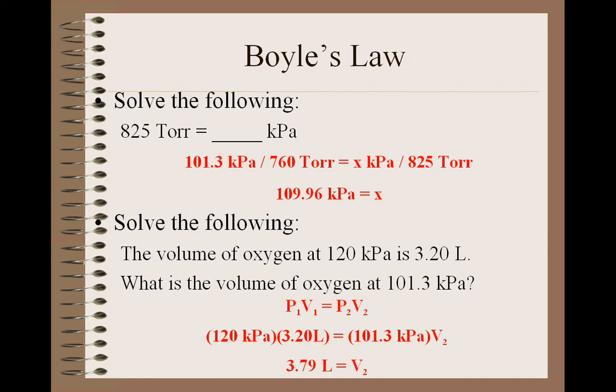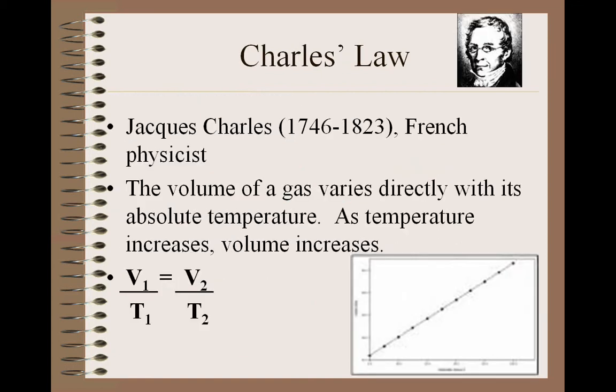And we just do some simple algebra to figure out that the volume at 101.3 kilopascals is 3.79 liters. This is all due to Boyle's Law. Remember, the change in pressure will be reflected in the volume in an inverse relationship.